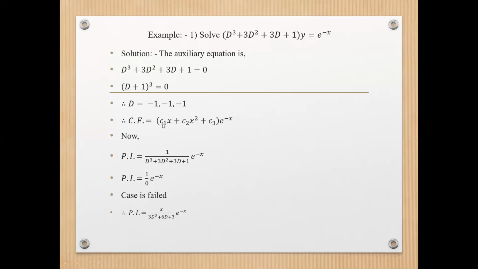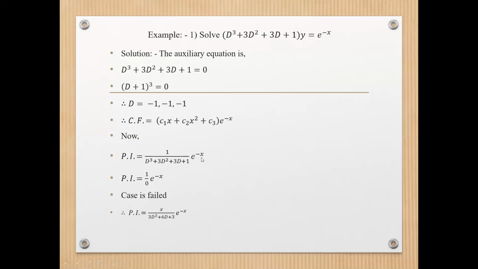Now we find the particular integral for this linear differential equation. The particular integral is equal to 1 upon f of d into X. What is X? X is the right hand side, e raised to minus x, and f of d is this polynomial in d. So we get PI is equal to 1 upon d cube plus 3d square plus 3d plus 1 into e raised to minus x.